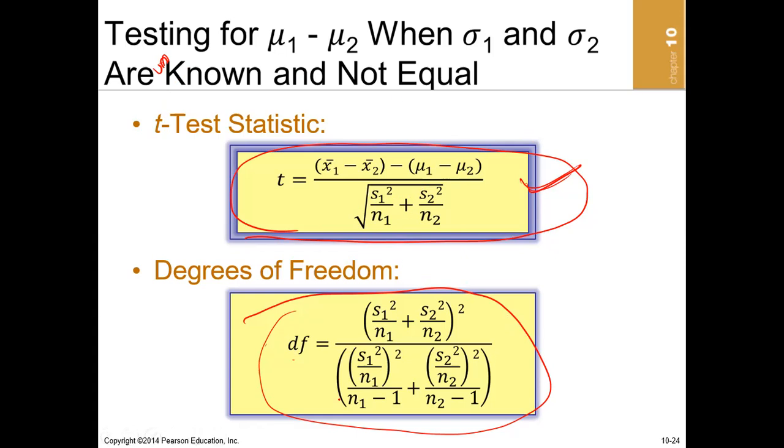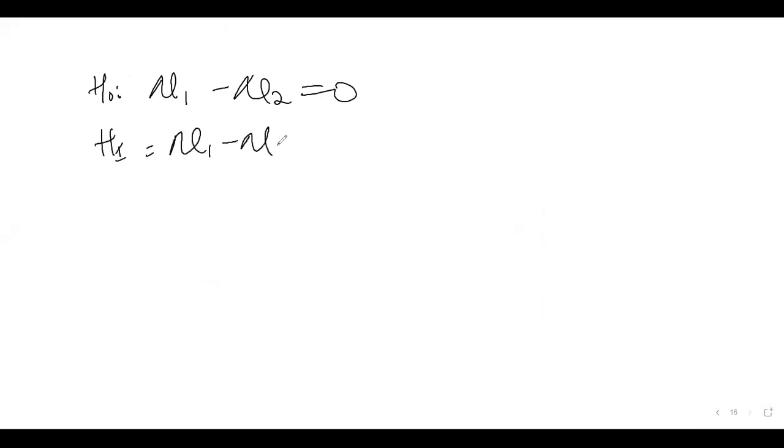Now, for the purpose of the test, whenever you are not sure how to state the hypothesis, whenever the question is not clear as to whether it's a claim or whatever, to be safe, just say the null: mu1 minus mu2 is equal to 0. Then the alternative: mu1 minus mu2 is not equal to 0, okay?